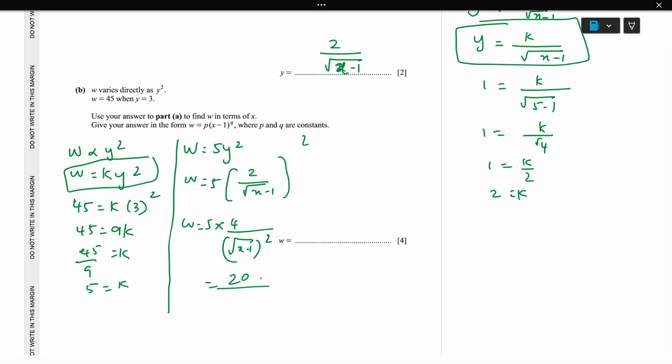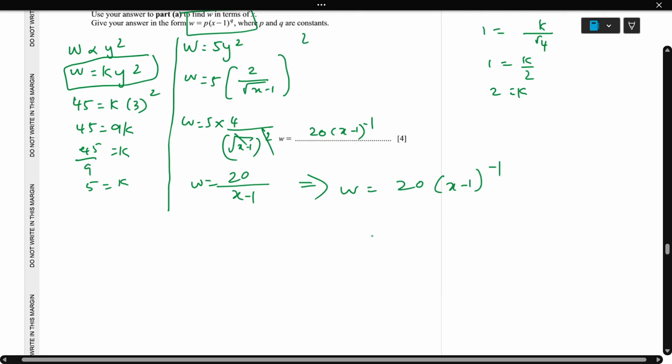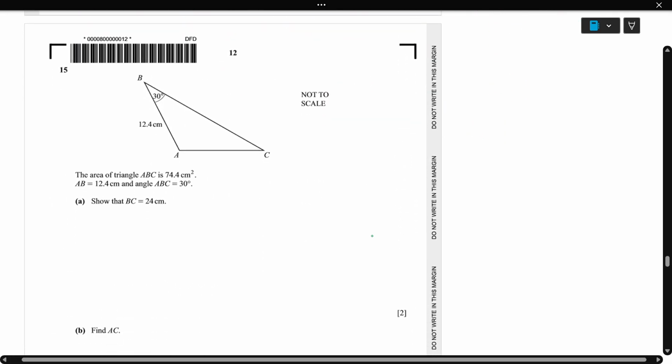The denominator is this squared, and the square root is removed, so it is x minus 1. So we can write w equals 20 times (x minus 1) to the power negative 1, because the denominator comes up as negative 1. This is the form they asked for. The answer is 20 times (x minus 1) to the power negative 1. Next question number 15.